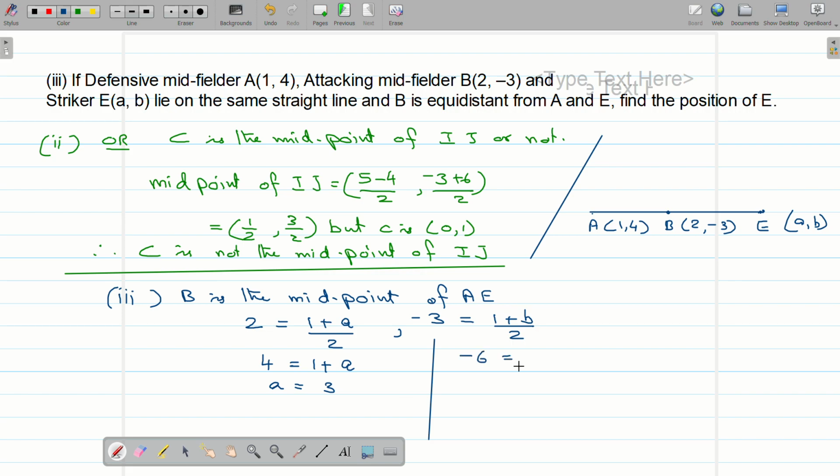Minus 6 is equal to 1 plus B, so B is equal to minus 7.